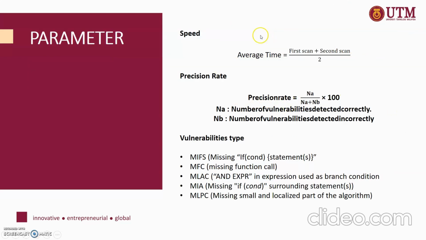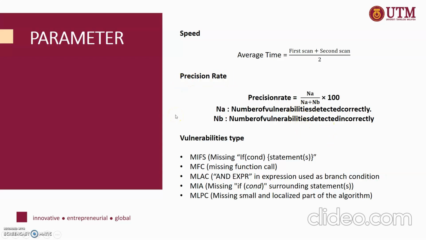And these are the parameters. Speed: the average time is the first scan from the first phase and the second scan from the final phase, added together and divided by 2. Precision rate equals the number of vulnerabilities detected correctly divided by the number detected correctly plus the number detected incorrectly, times 100.